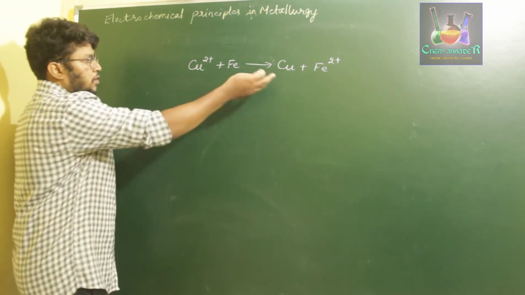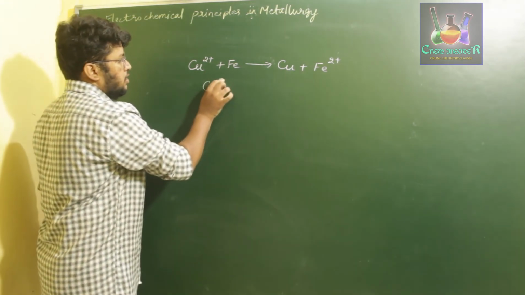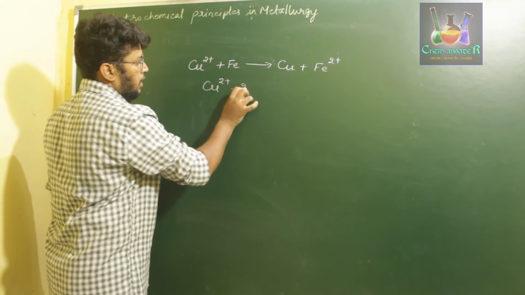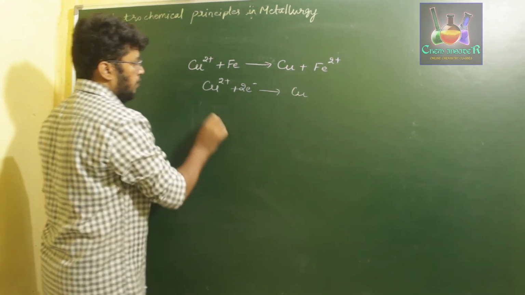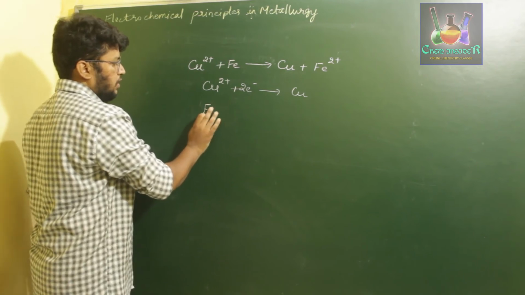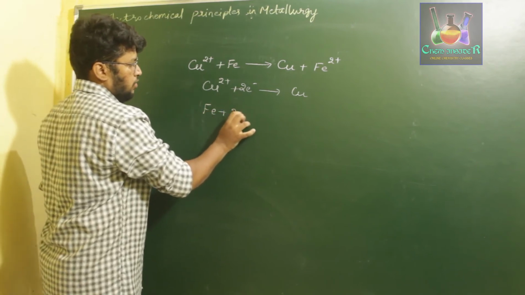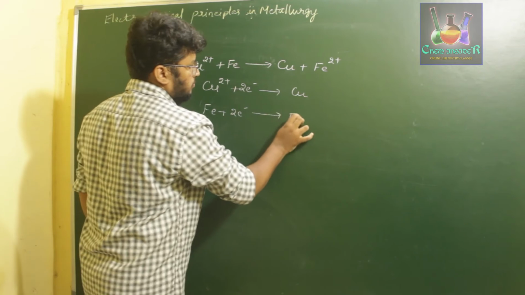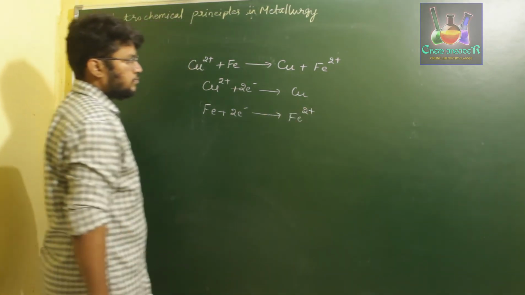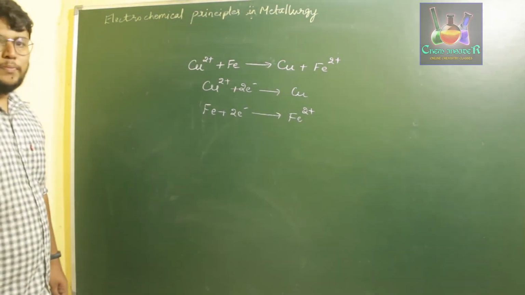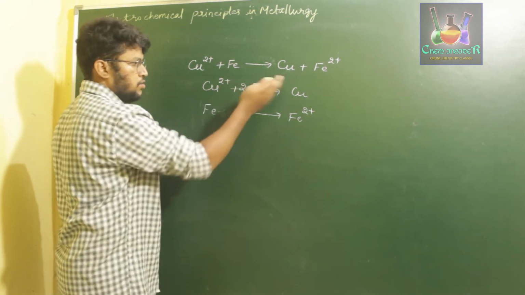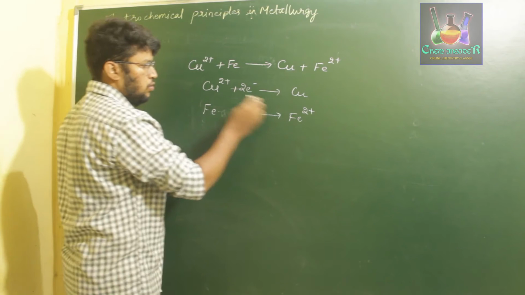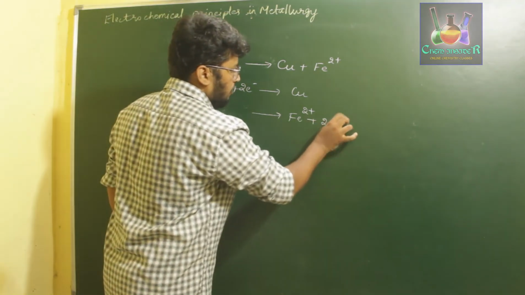If you split down this reaction, Cu2+ is gaining 2 electrons to form Cu, whereas Fe is losing 2 electrons to form Fe2+.